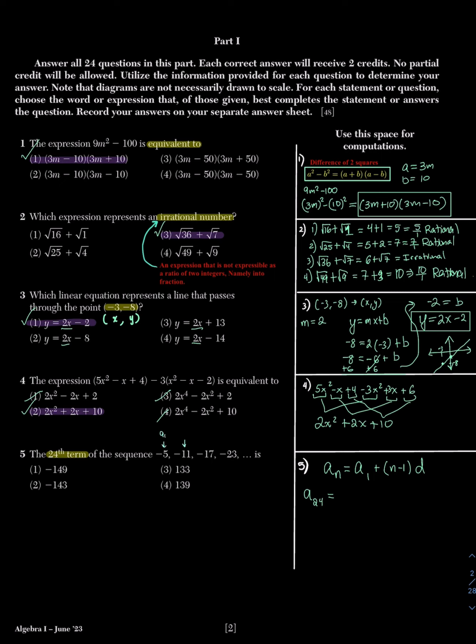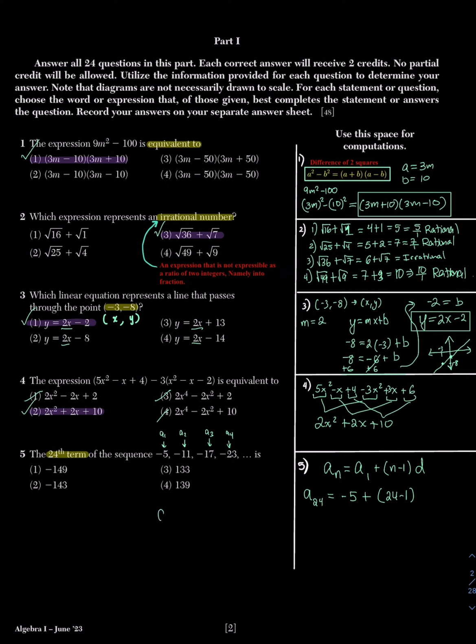The second term is, of course, logically a sub 2. The third would be a sub 3, and so on. Our goal is to determine what the 24th term in that sequence would be. So according to this equation, a sub 24 is equal to a sub 1, which is negative 5, plus (24 minus 1) times the common difference.